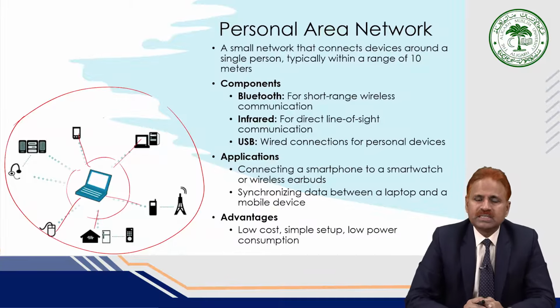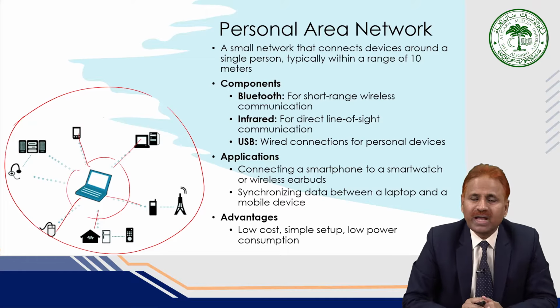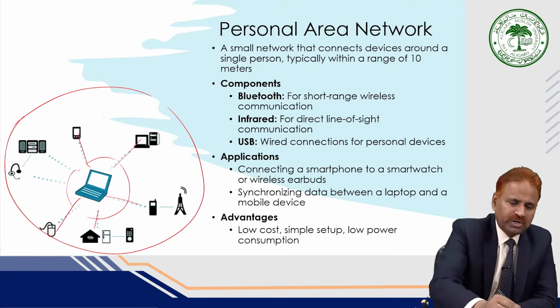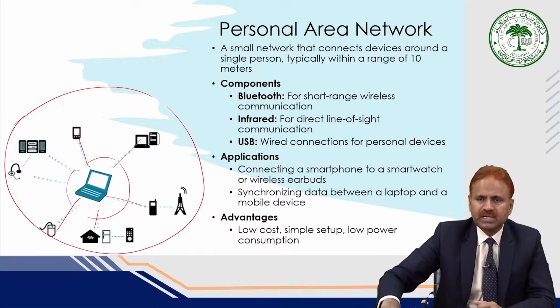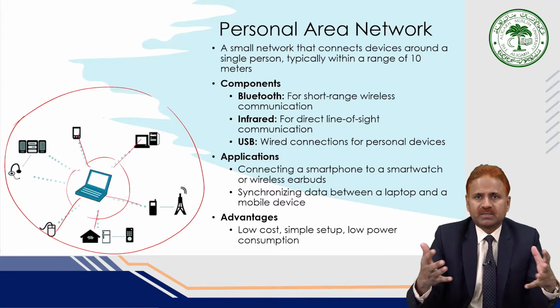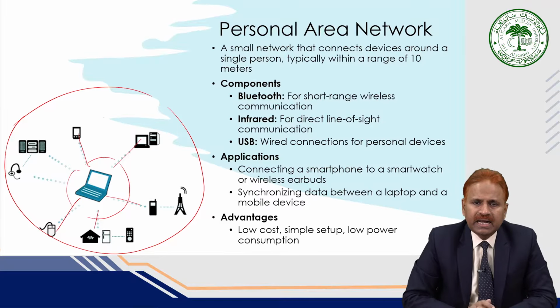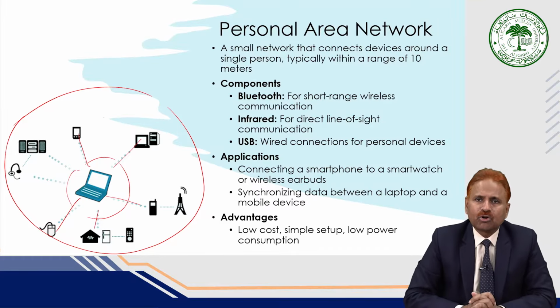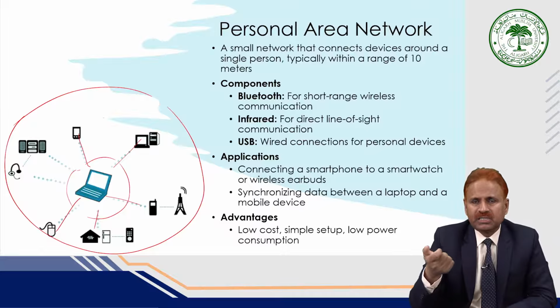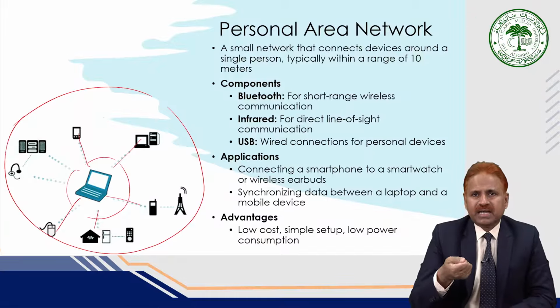Bluetooth technology is useful for short range wireless communication, and the range, as I have told you, is from 1 to 10 meters. So the maximum span is 10 meters. Another technology used for short range transmission is known as infrared. Infrared is for direct line of sight communication. TV remotes are the best example. They use IR communication, and it is line of sight.